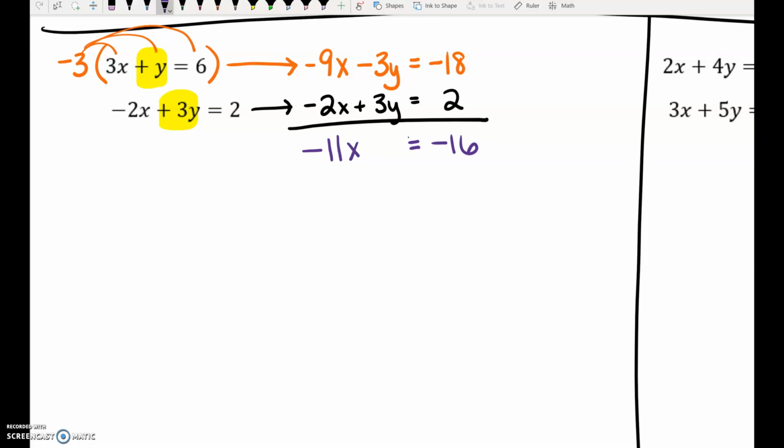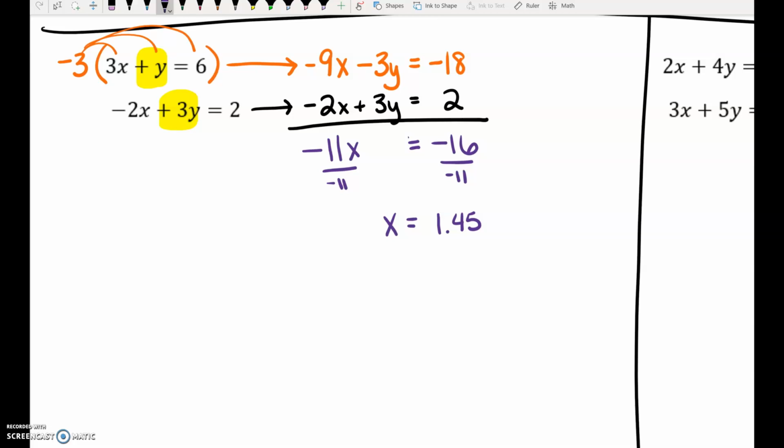This one's kind of gross, isn't it? We finished solving by dividing by negative 11. Definitely going to need a calculator for this one. I get 1.454545, so it's 1.45 repeated.